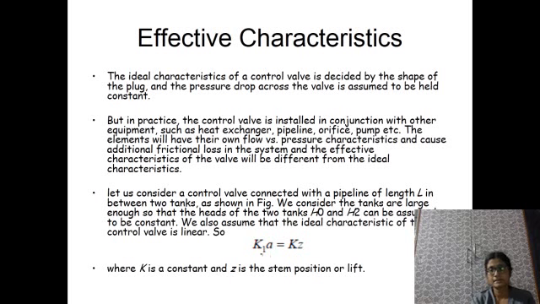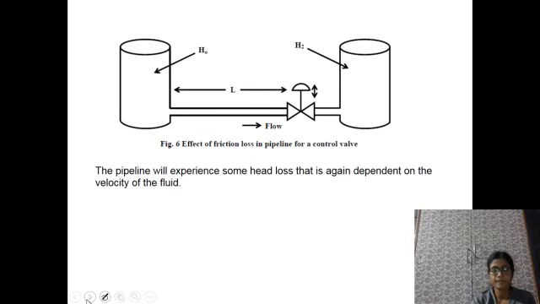That means A is equal to Kz, where K is the constant and z the stem position. So this is the two systems connected by a pipeline, and the plug is there.